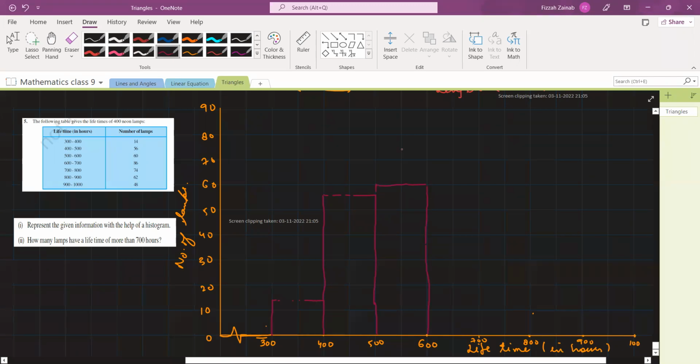Then 86 will fall here. Then 74, somewhere here.